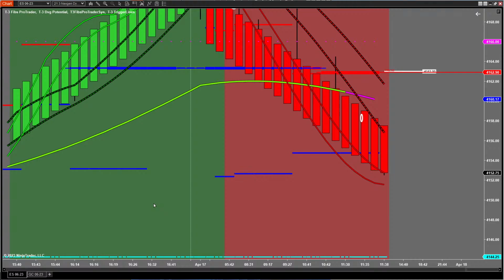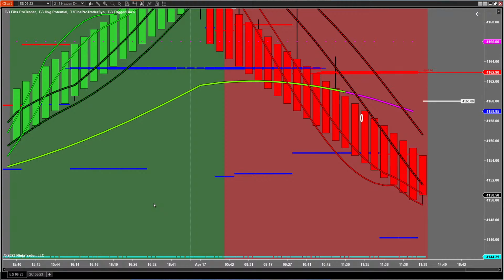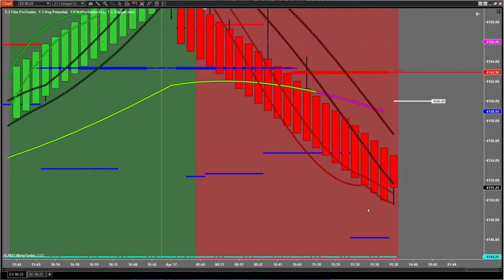What do you think? Is it going to hold? Again, you may or may not use a 21-3 chart.